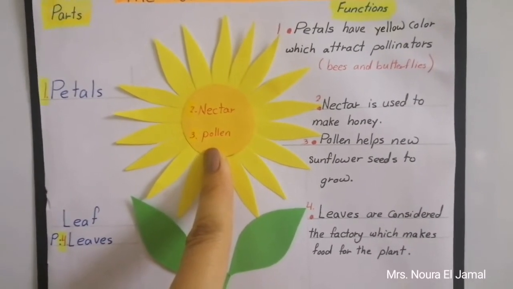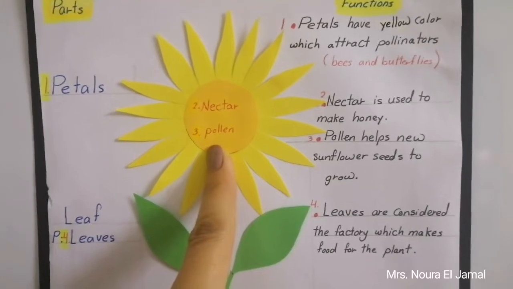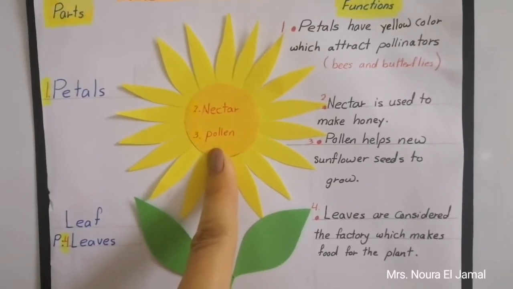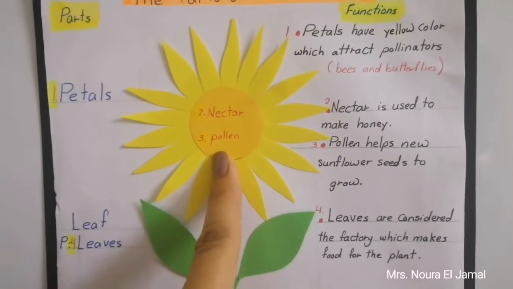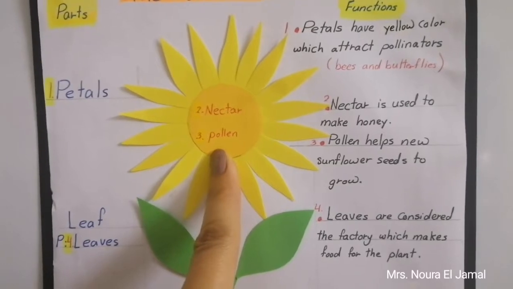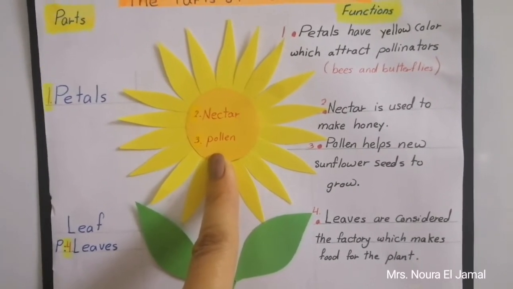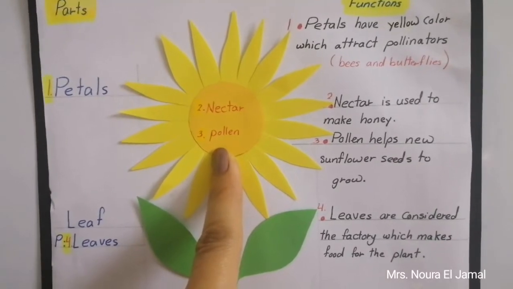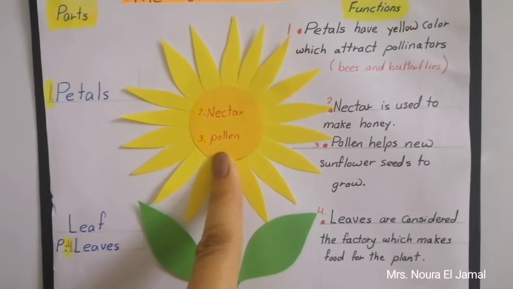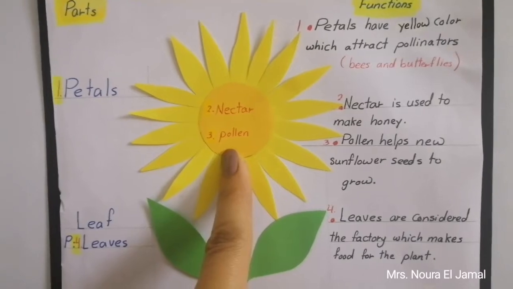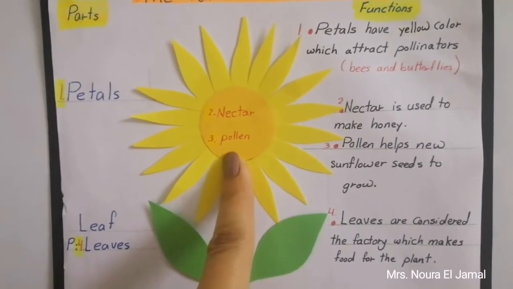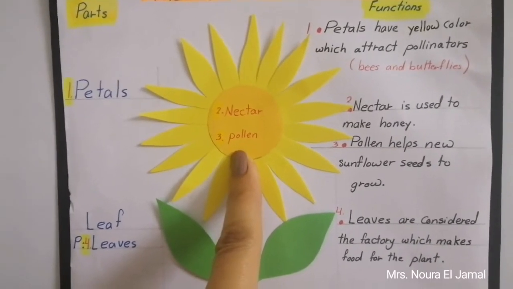It can come to the flower by the wind or by some insects. Like what? Like bees and butterflies. They can carry the pollen from somewhere and bring it to another plant. Okay?